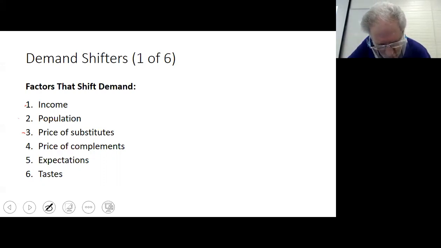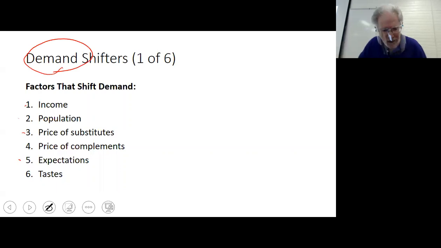Expectations. Since we are talking about demand, we're talking about the expectations of consumers, because the demand curve is showing you how consumers are going to behave. That is the fundamental point. Demand tells you nothing about the producers.